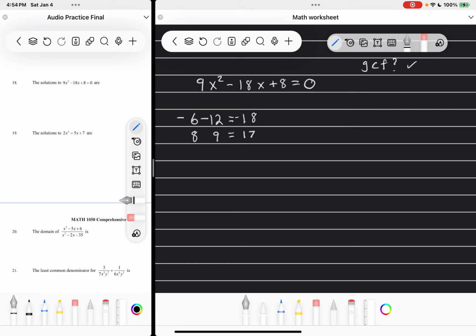Before we go any further, we then have to ask ourselves, is there a number for A? Which there is. In both cases, we're going to say -6 divided by 9 and -12 divided by 9.